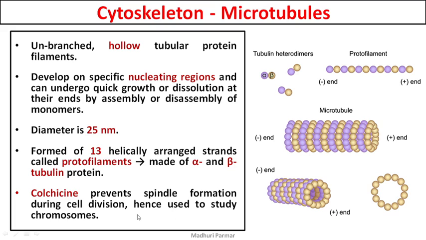If the spindle fibers do not form, the chromosomes will not separate. So colchicine is a dye which is used to stop cell division, and then you can easily look at the cells under a microscope and study them. You can fix the cells in their position of cell division if you use colchicine, because it inhibits this microtubule extension. Clear?